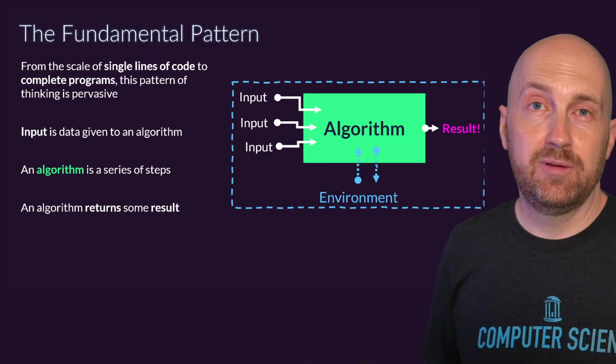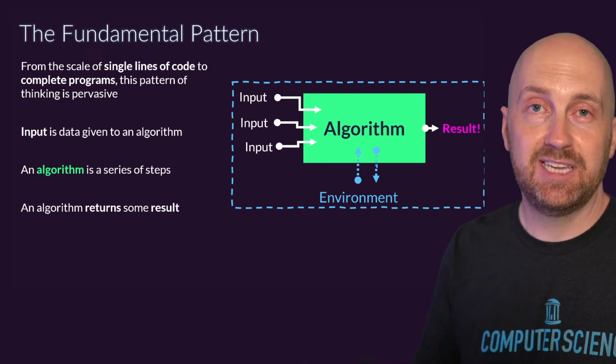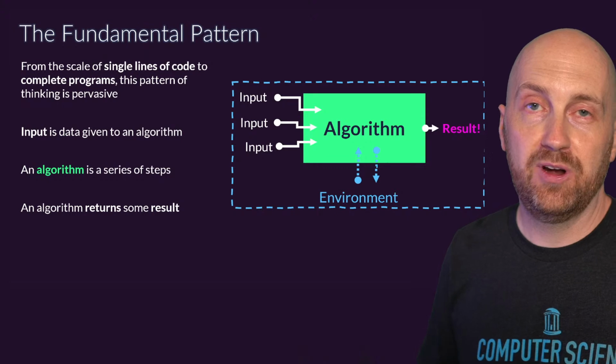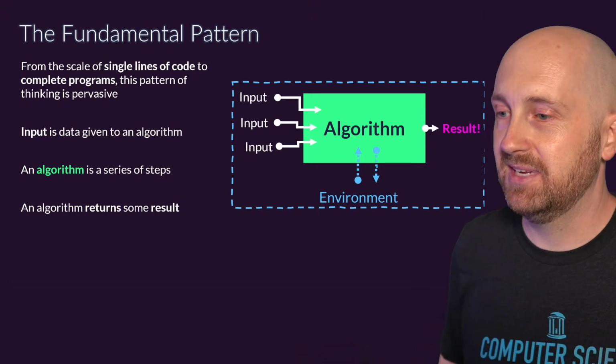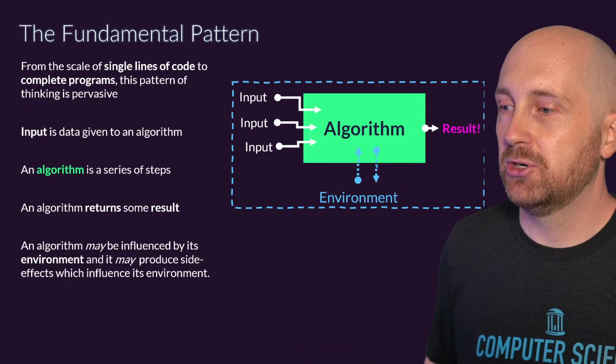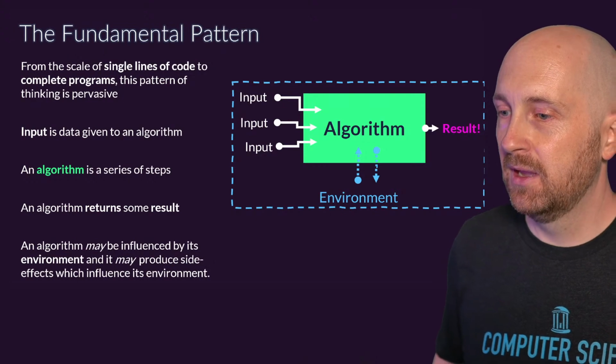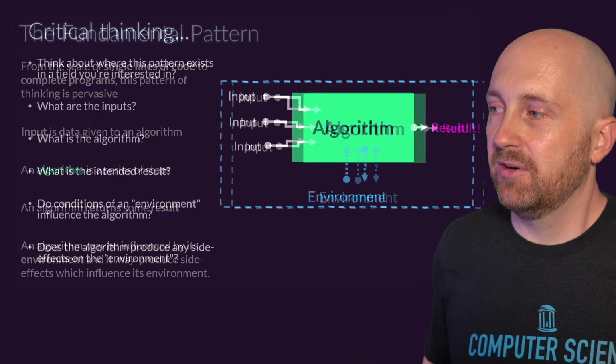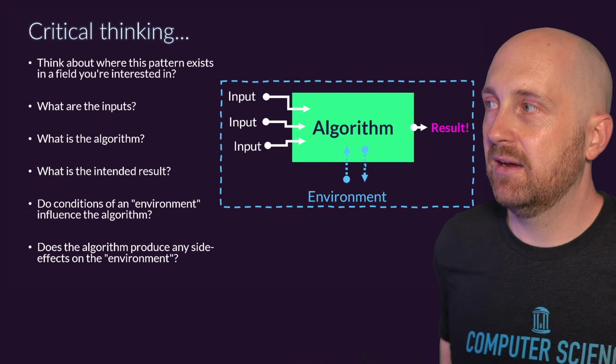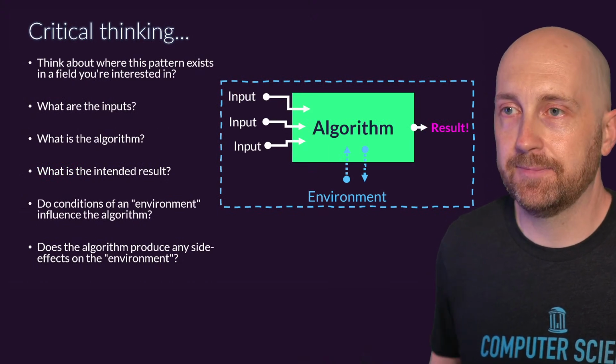We'll see that an algorithm is a fixed-size set of steps that we write as programmers in order to try and achieve some task, and the algorithm returns some result. As I mentioned, the algorithm may influence the environment and vice versa.